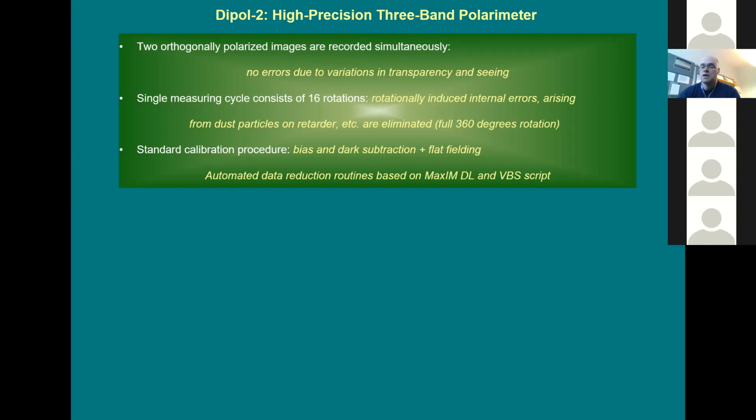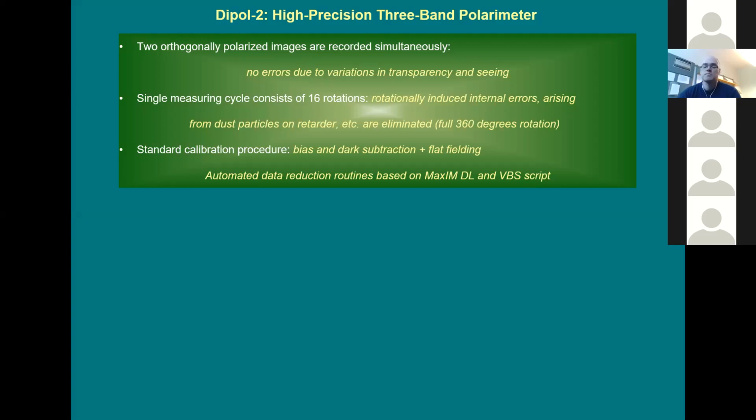A single measuring cycle normally consists of 16 rotations, so we use a full 360 degrees rotation measuring scheme. This way, all possible rotation induced internal errors, which may arise, for example, due to dust particles on the retarder, are eliminated. And we use only the standard calibration procedure with bias and dark subtraction plus flat fielding.